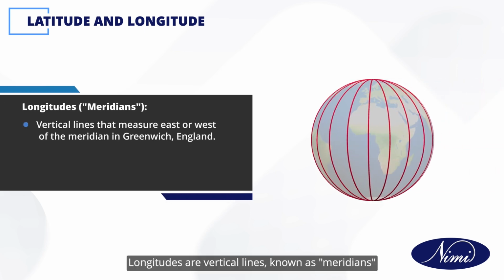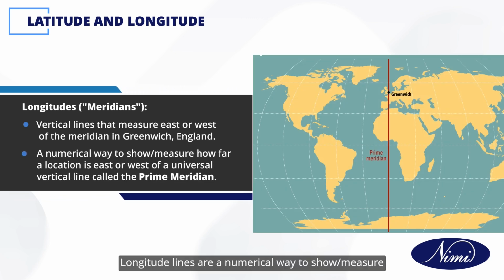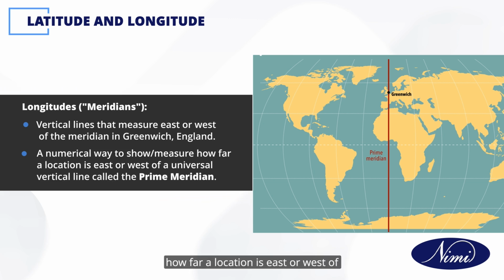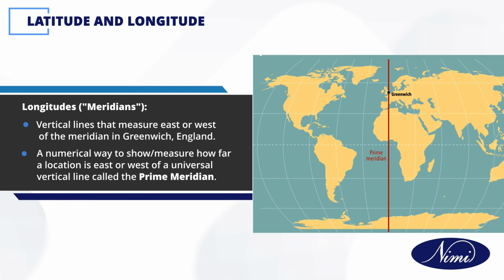Longitudes are vertical lines known as meridians that measure east or west of the meridian in Greenwich, England. Longitude lines are a numerical way to show or measure how far a location is east or west of a universal vertical line called the prime meridian.